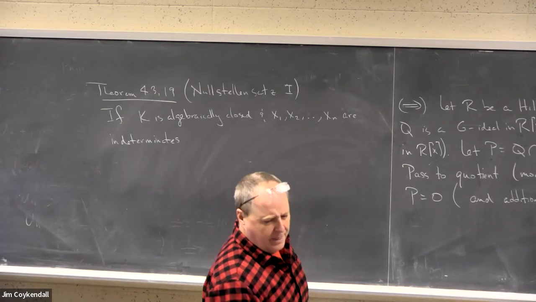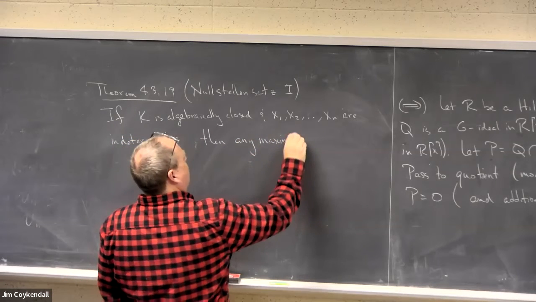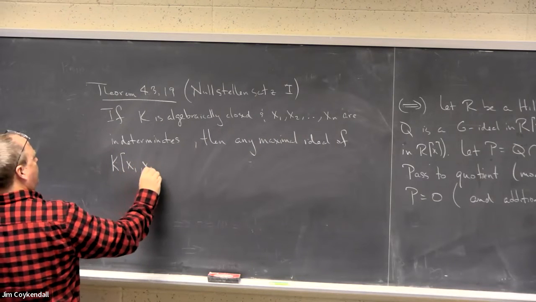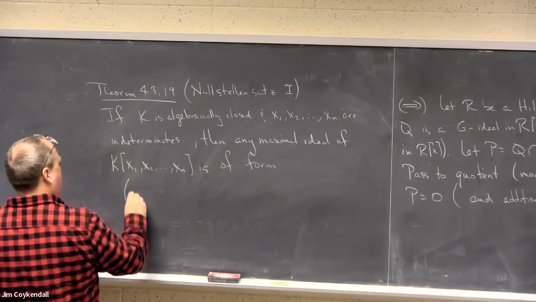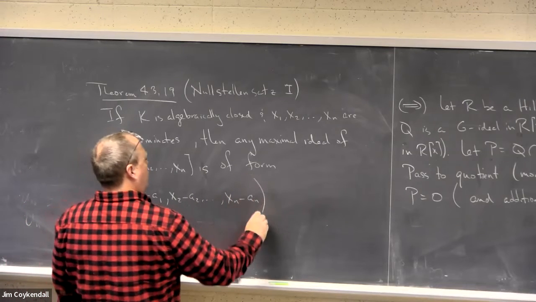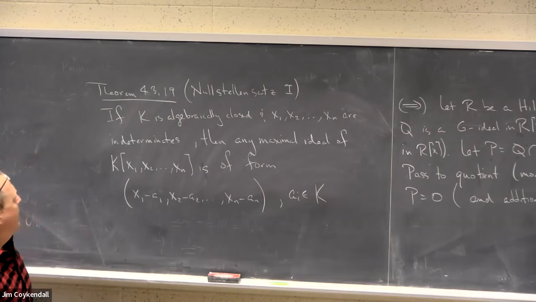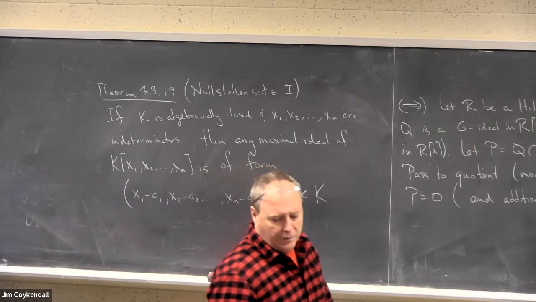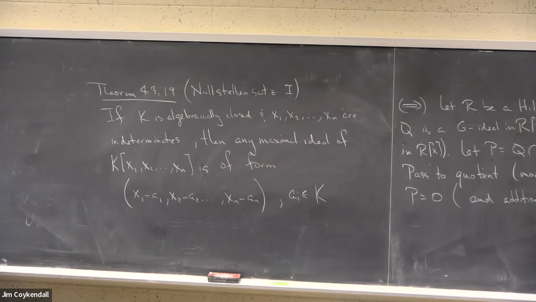any maximal ideal is of the form generated by X1 minus A1 up to Xn minus An. This is a very strong theorem. So this tells you for a polynomial ring over a field in n variables, if the field is algebraically closed, exactly what the maximal ideals look like.